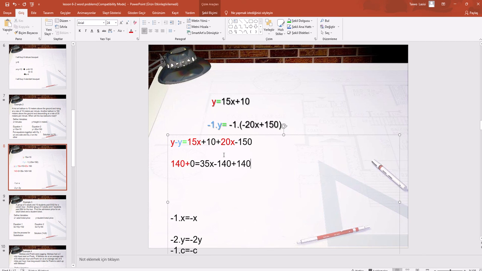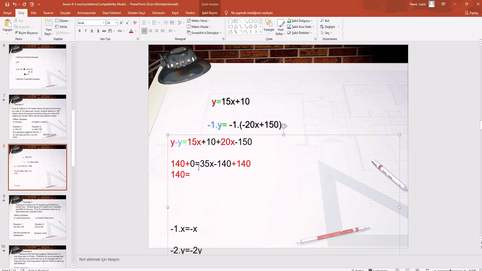Is it okay? I can do an operation to both sides of the equation. I have to do the same operation for keeping balance. So here I have 140 equal 35x.